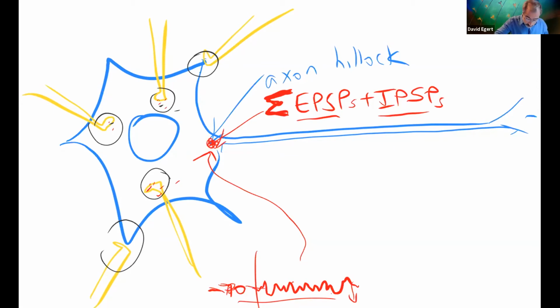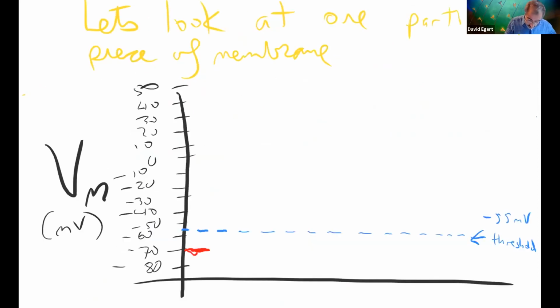Excitatory ones are making the overall sum higher. Inhibitory ones are pulling the overall sum lower. Does that make sense? So if we go back to this picture, this is wiggling up and down. The membrane voltage is going up and down based upon the activity of all those synapses that are talking to the neuron.